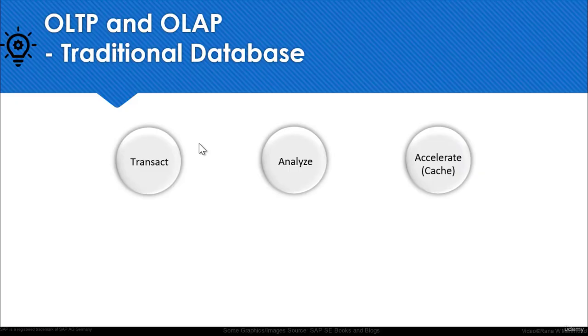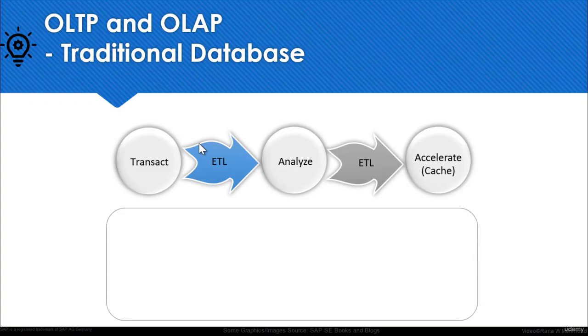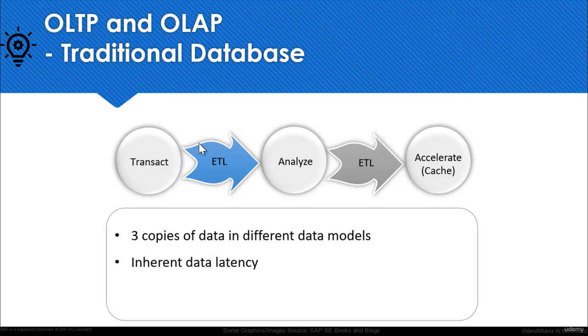And in between these 3 different copies of data, there is a process of ETL, which is the abbreviation of extract, transform, and load. So in a traditional database, due to 3 copies of data in different data models, there were unnecessary complexity and inherent data latency.